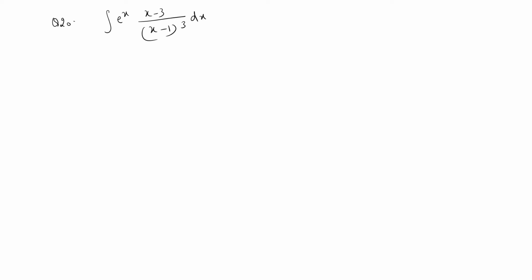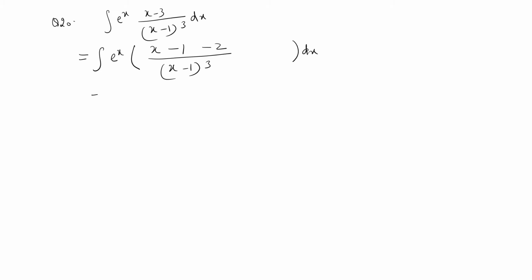If you observe this question, it is not looking like e^x [f(x) + f'(x)]. But I can express this term in such a way that it changes to the f(x) + f'(x) form. How will I do it? I will break the numerator. The denominator has x minus 1, so I'll write the numerator as (x minus 1) minus 2, upon (x minus 1) whole cube, dx.